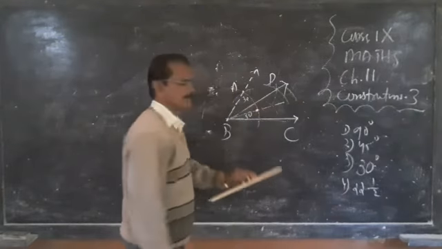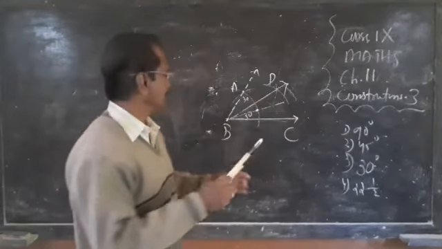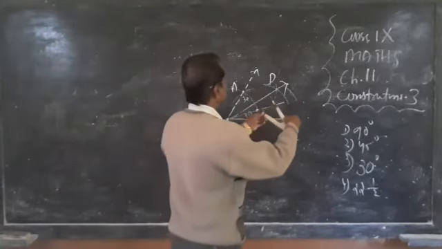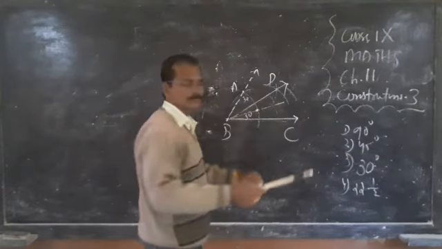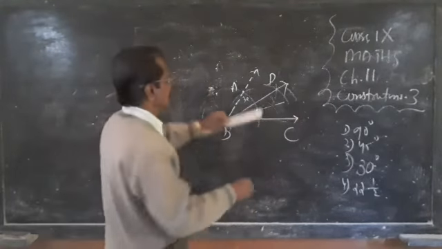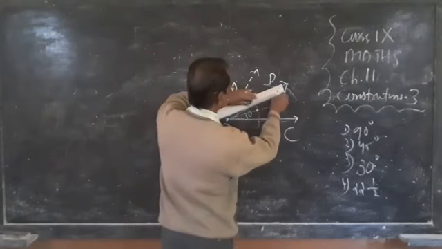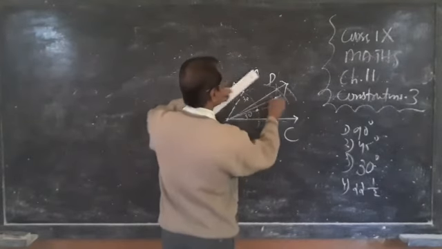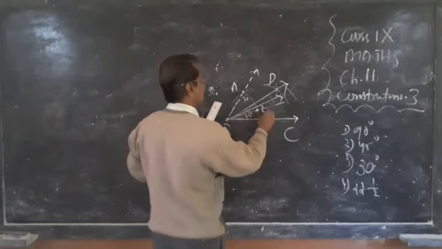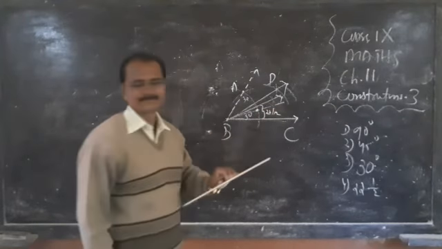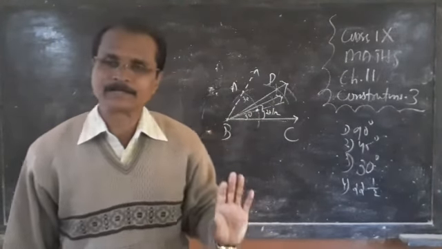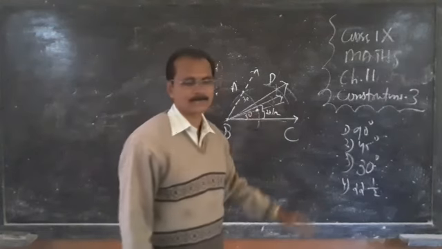Then between 15 and 30 is 7 and a half, so this line will be 22 and a half. Then 15 is already half of 30.